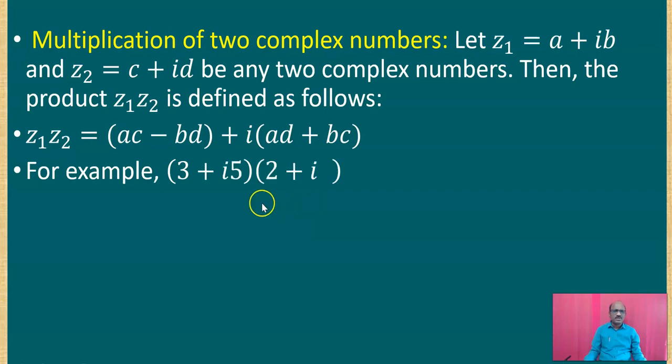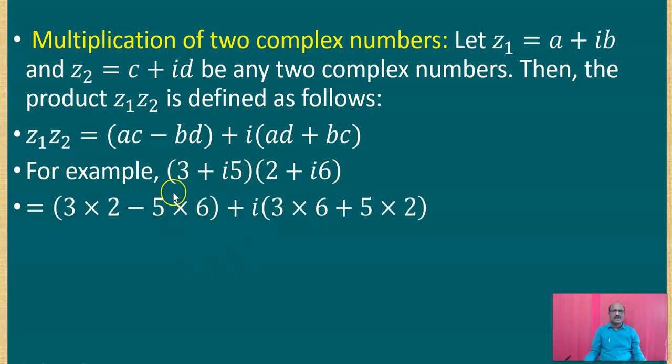For example, (3 + 5i) into (2 + 6i). Now the multiplication of a into c. Here c is 2, a is 3, minus bd, b is 5 and d is 6, 5 into 6.